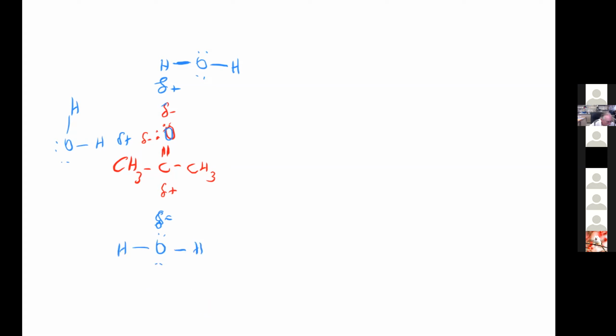Now, what kind of an attraction is this between that partial negative and that partial positive? Here's the O. Does the other molecule have an FH, an OH, or an NH? The answer is no. So in other words, we get only two hydrogen bonds possible between water and ketone, and no hydrogen bonds possible between ketones.